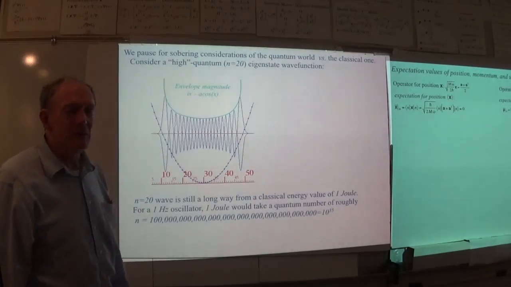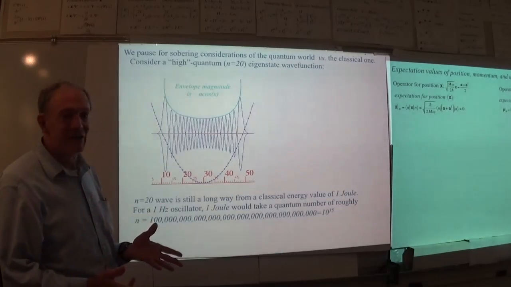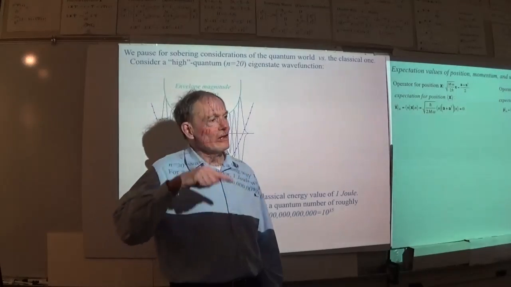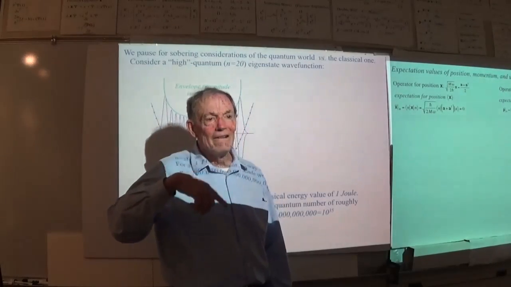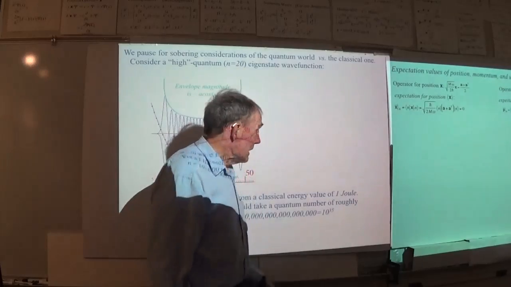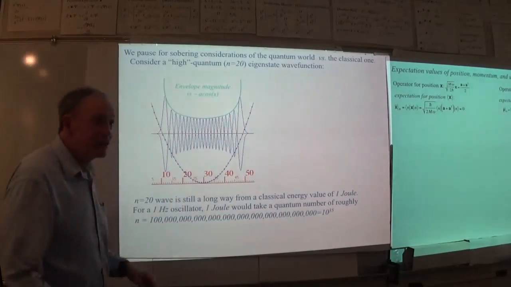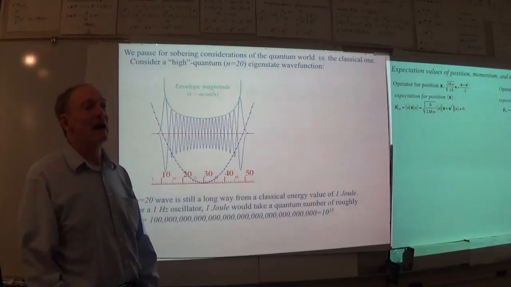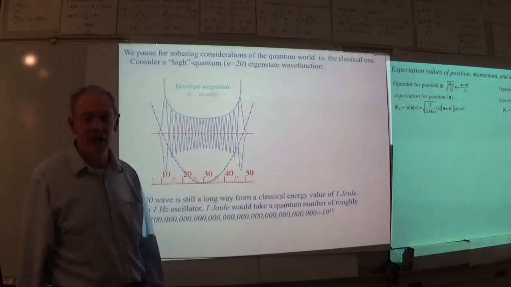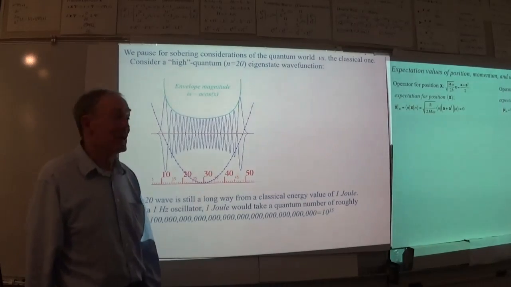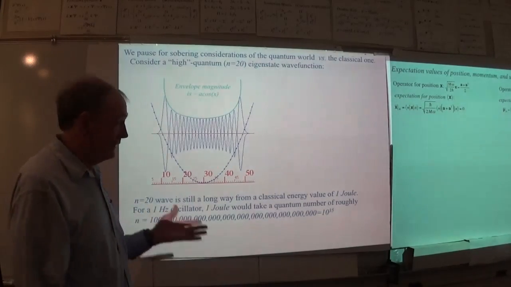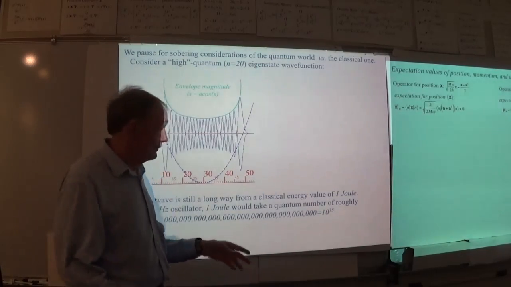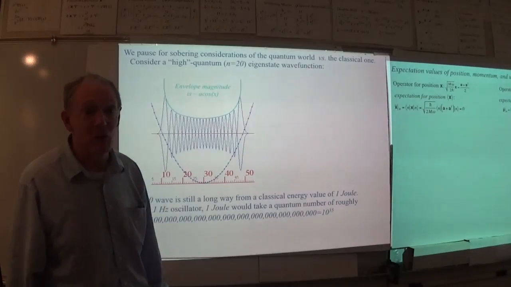How long do you think it's going to be before I get a computer that could completely analyze the quantum mechanics of a 1 joule oscillator, able to handle all those digits, just for one thing? Forget about it, as they say in New York. We've got to be smarter than that. But this is not going to happen, right? But it's happening all around us. Everything we do has more zeros on it than that when you're talking about quanta.